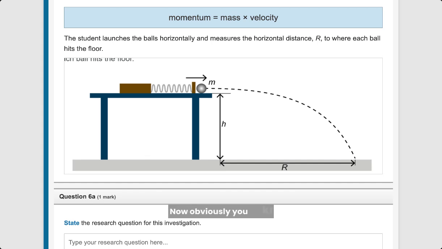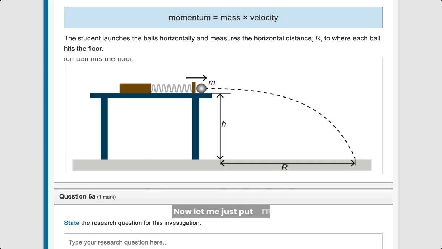Obviously, the research question should connect IV and DV. So it asks, how does the mass of the metal ball affect the horizontal distance when the ball is launched with the same momentum from the same height? That is going to be your research question.